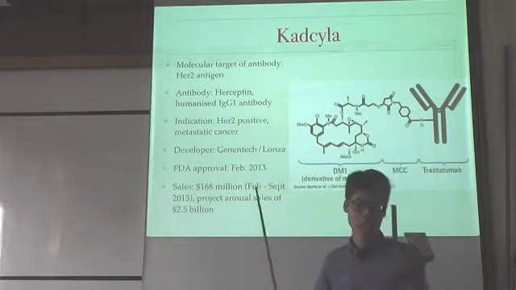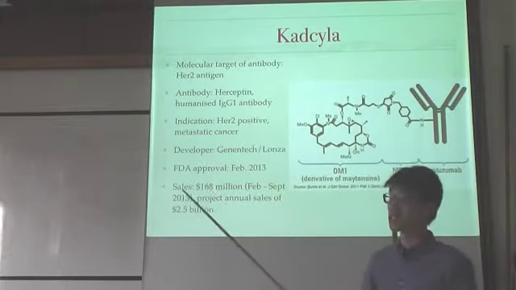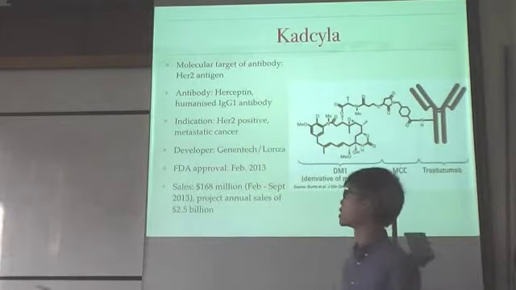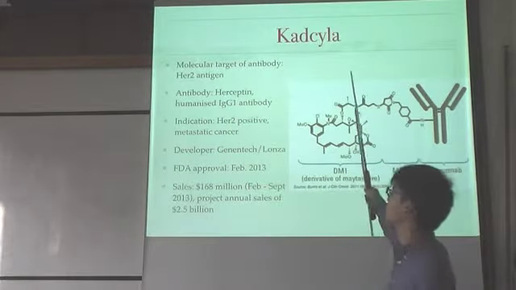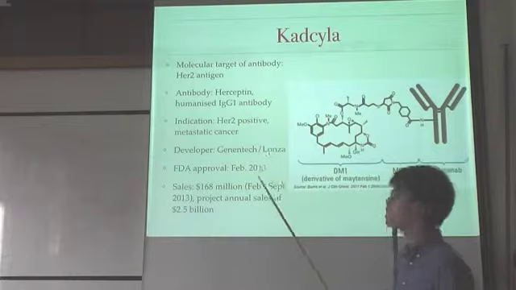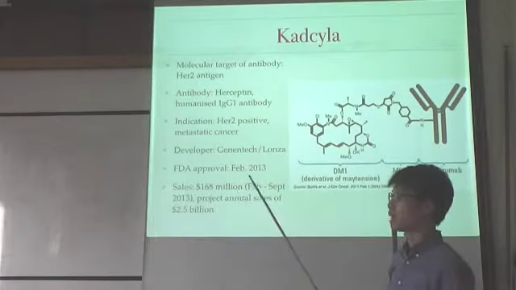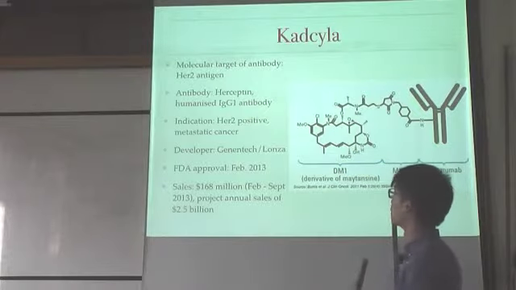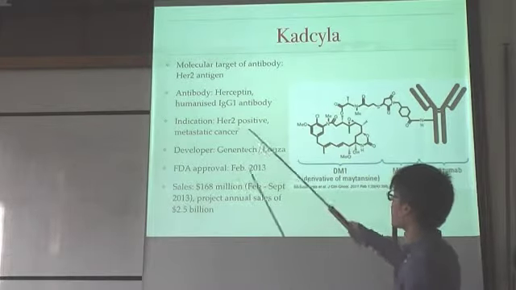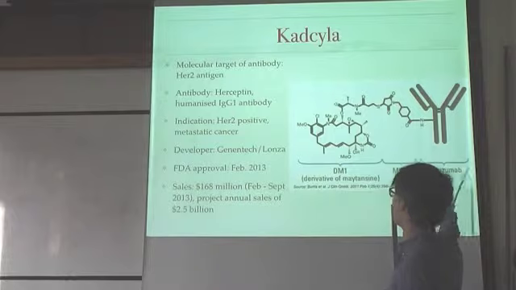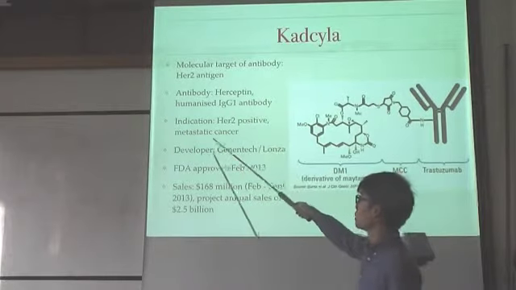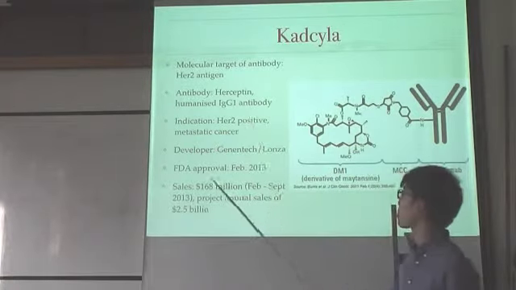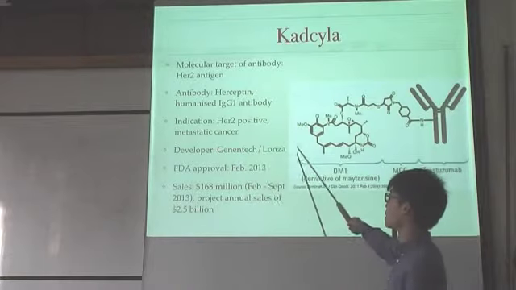So let's use a real-life example to talk about the significance of site-specific conjugation. We have Kadcyla. Kadcyla is one of the 3 marketed antibody-drug conjugates currently FDA approved. It uses the Herceptin antibody here, which recognizes the HER2 on metastatic breast cancer cells, and it's been developed by Genentech and Lonza.